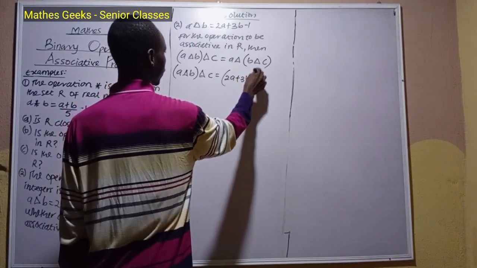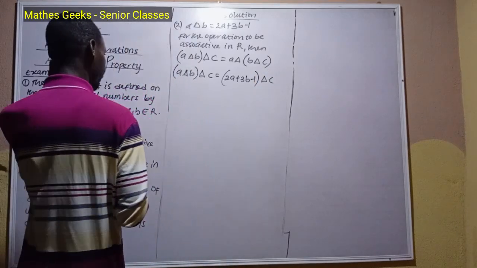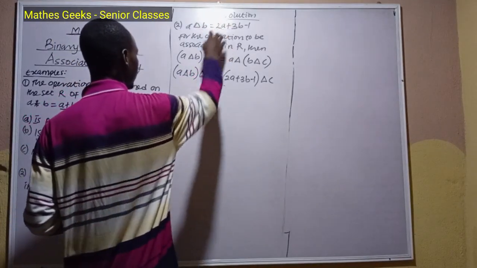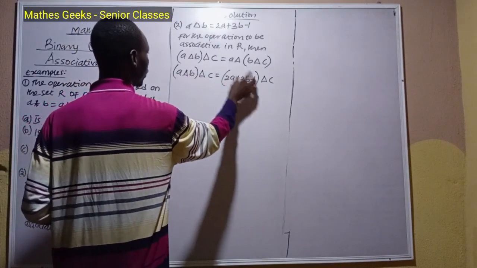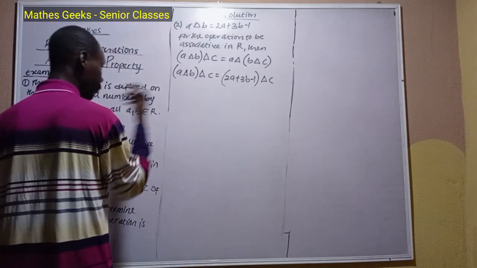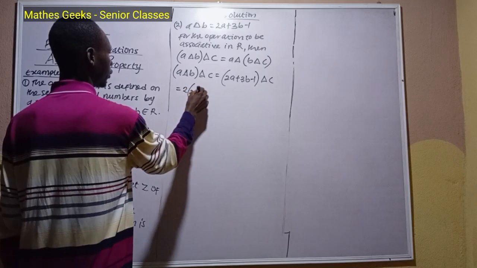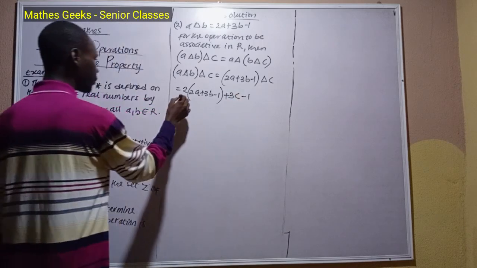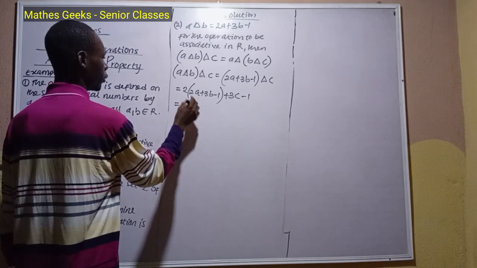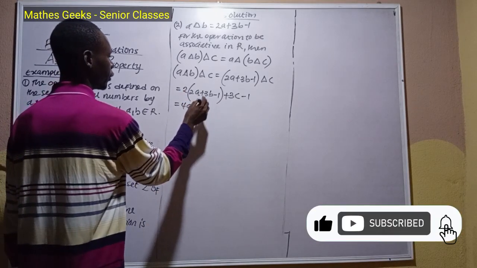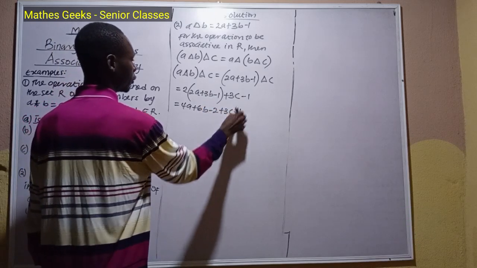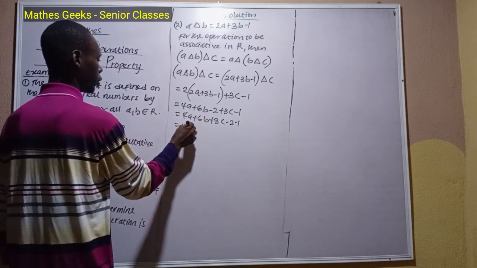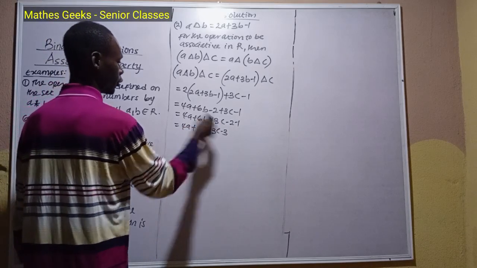Then 2A plus 3B minus 1 operation C. This whole part is A and B is C. So anywhere there's A, replace it with A operation B, which is 2A plus 3B minus 1, and where there's B, put C. That is 2 times 2A plus 3B minus 1 plus 3C minus 1. 2 times 2 is 4A, 2 times 3B gives us 6B, 2 times minus 1 is minus 2, plus 3C minus 1. 4A plus 6B plus 3C minus 2 minus 1, which is 4A plus 6B plus 3C minus 3.